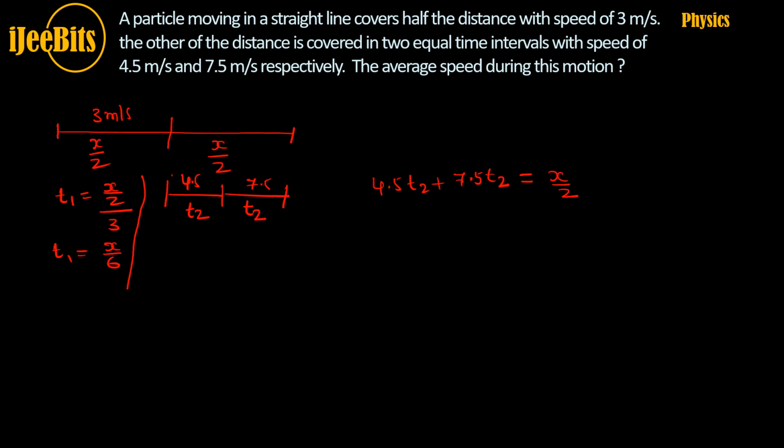If you sum it, how much? 4.5 plus 7.5 is 12. 12 T2 equals x by 2. So T2 equals x by 24. So we have a T1 and then we have a T2.